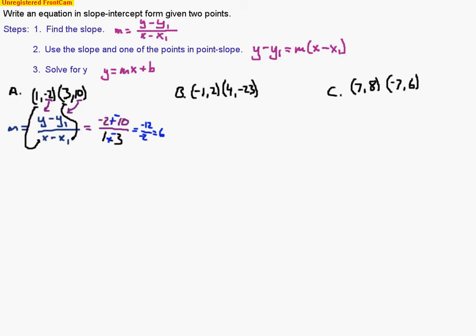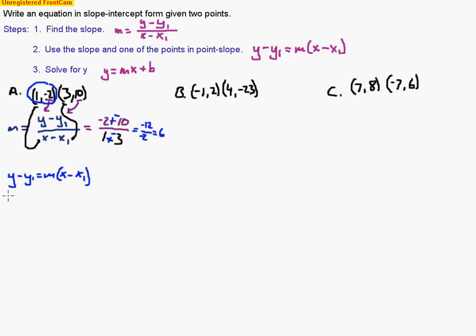And I also have 2 points. Well, all I need is one of those 2 points, and I'm going to substitute it into this point slope formula. So we'll go ahead and take the values. Doesn't matter which point you pick. I'm going to use this point right here, and I'm going to take that -2, and that's going to go in for y1.